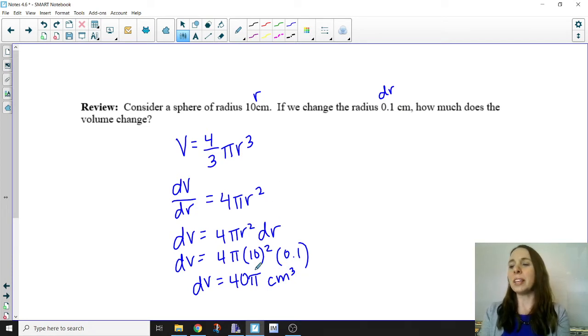And remember, that's not the exact change in the volume, but it's a pretty good approximation of the change. If you want to calculate delta V and compare just to see how close this is, you can. I'm not going to take the time to do that in this video, though.